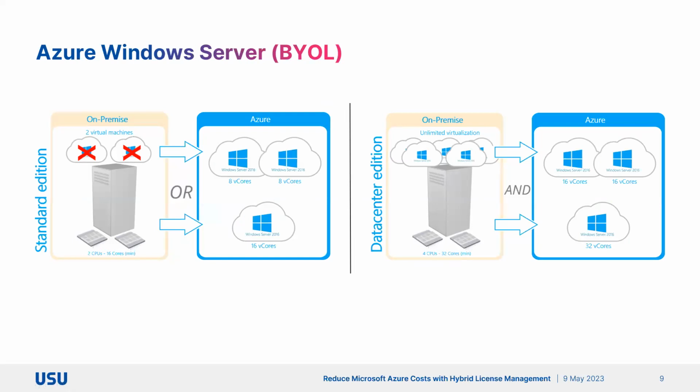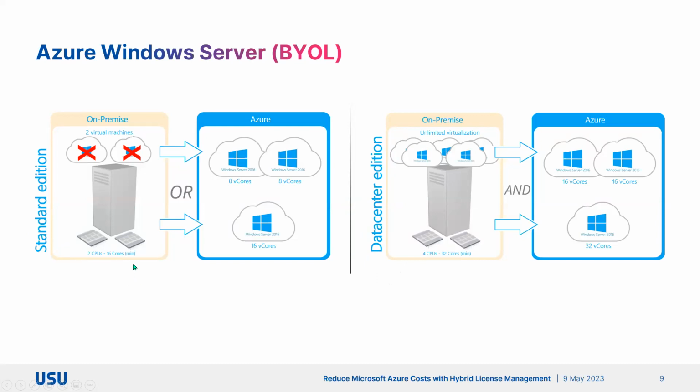Let's go a bit deeper into Windows Server. So what are these magic licensing rules? What are the terms of Azure Hybrid Benefit for Windows Server? It's quite straightforward. The picture shows it all. We have two editions of Windows Server core licenses: standard core licenses and data center core licenses.